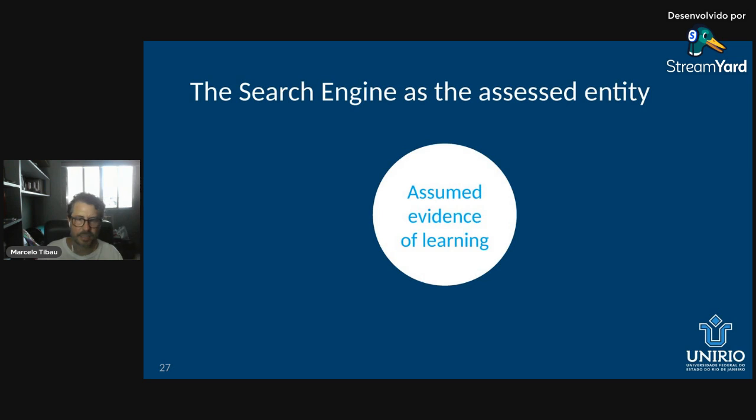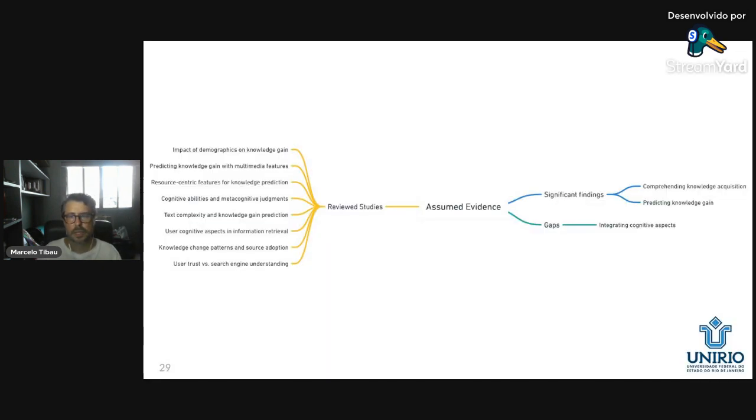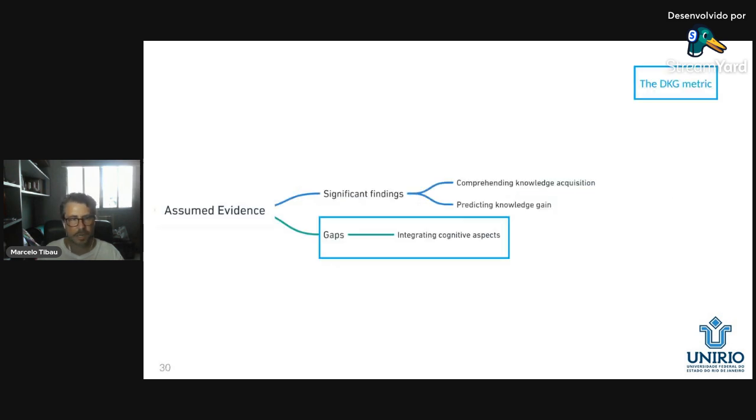Just as an example. Well, there are findings from those studies on comprehending knowledge acquisition and also on how to predict knowledge gain, but gaps still remain on integrating cognitive aspects, and it's where a DKG metric could aid.